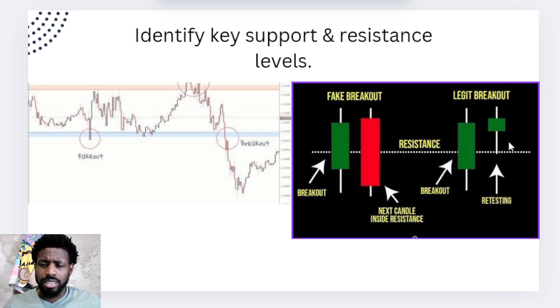And then you see the next candle cannot go down past that resistance at all. So which means that the resistance is turning. There's a lot of buyers coming in. As you can see, that's a long wick right here. So a lot of buyers coming in, buying this market up. So this is how you know it's a legit breakout.